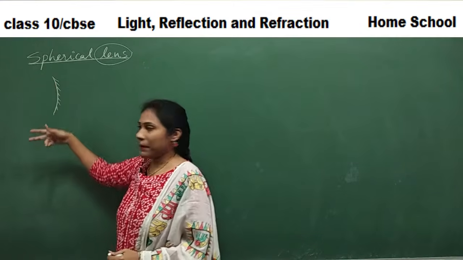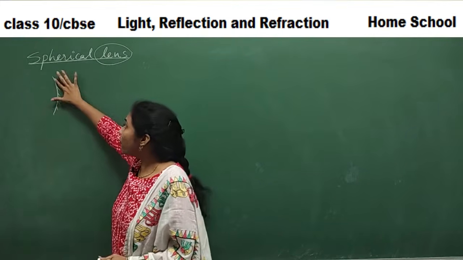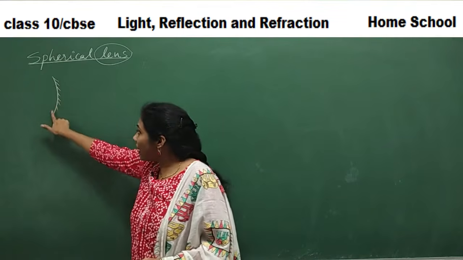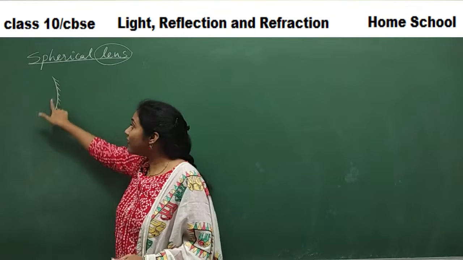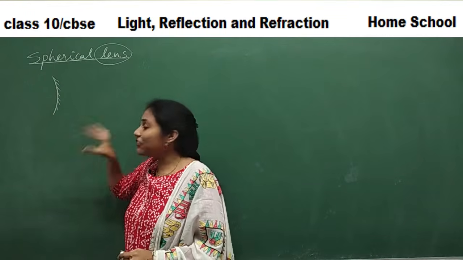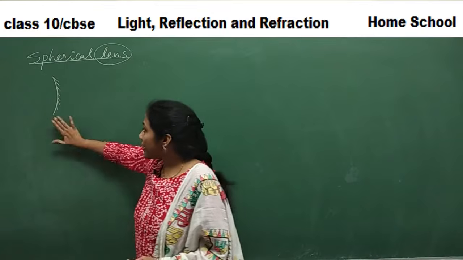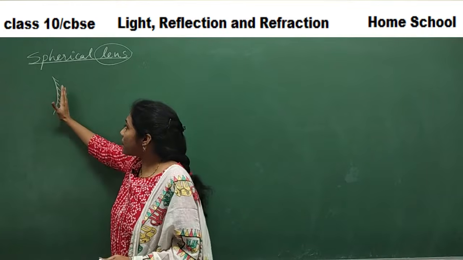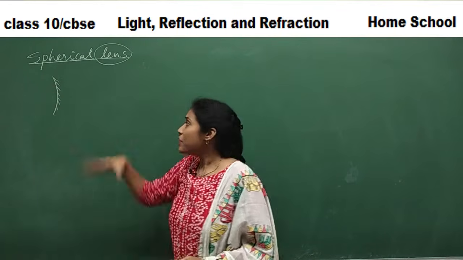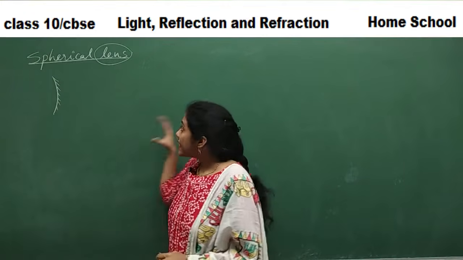It is a curved mirror, curved inside. One side of the mirror is polished. The other side is curved inside. If it is curved inside, we call it a concave mirror. If it is curved outside, we call it a convex mirror. So a mirror is a glass piece, one side is polished, and the other side is curved inside or outside. This is what we call a concave mirror and a convex mirror.